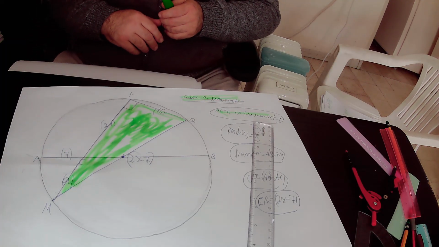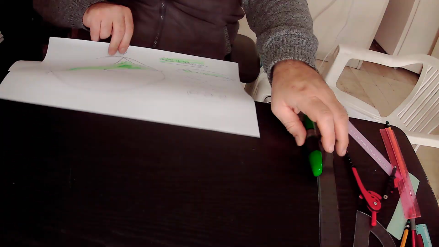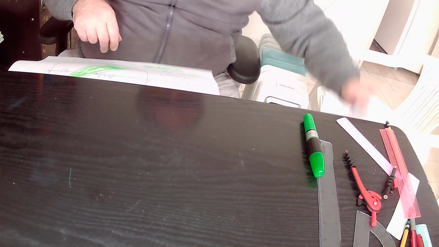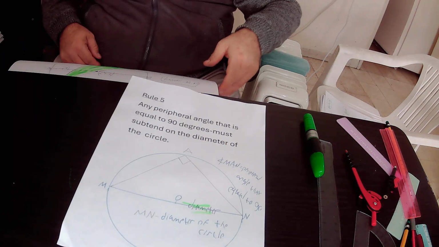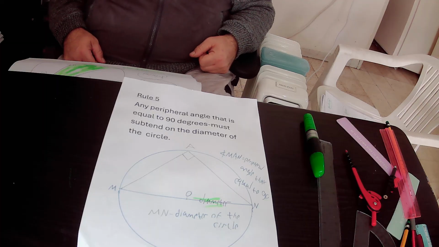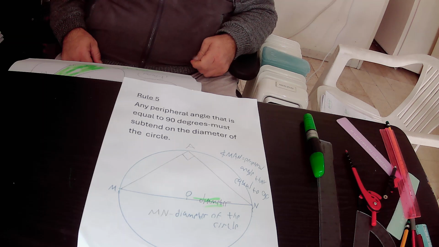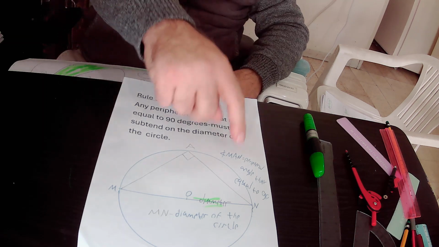Therefore, we can implement here rule 5. Click on rule 5. According to rule 5, any right triangle with 90 degrees inside must subtend on the diameter of the circle. In the drawing, we have a circle.